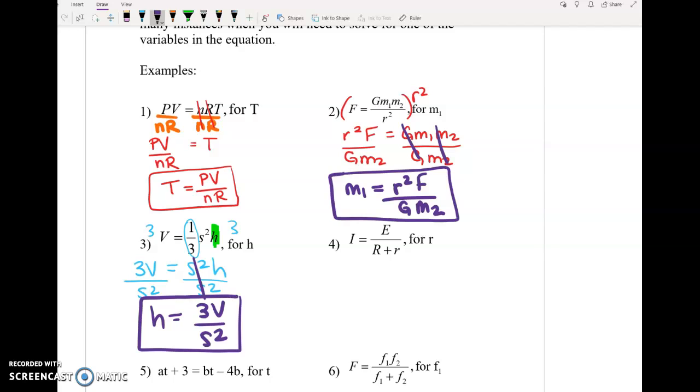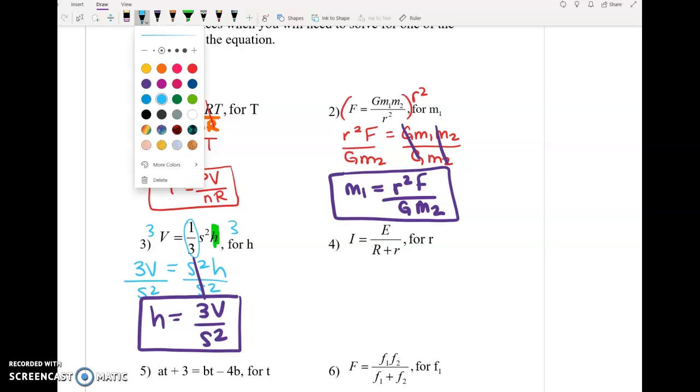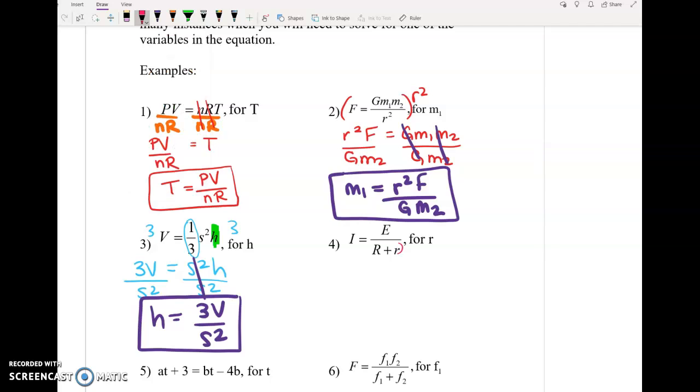Number 4, solving for little r. So put parentheses around r plus R. To get rid of that in the bottom, we're going to multiply both sides by r plus R, so I times r plus R equals e. Here is something that we need to be aware of.